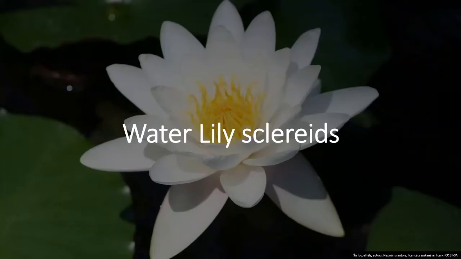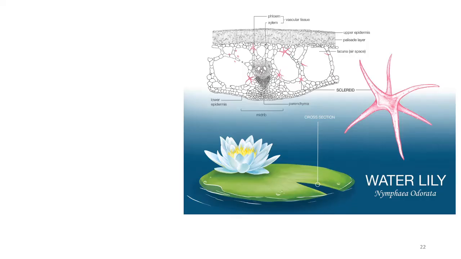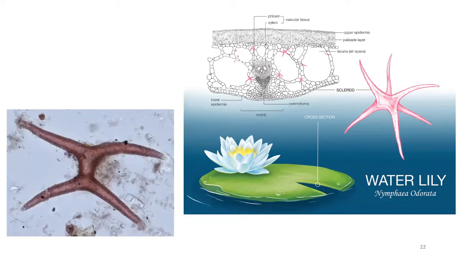The water lily sclerites. Water lily sclerites appear as isolated cells which differ from neighboring plant tissues by size, shape, and thickness of their wall. Here is one example from a pollen slide, which I found in lake sediment. So this is a water lily sclerite. These features provide support for the leaf and stem.